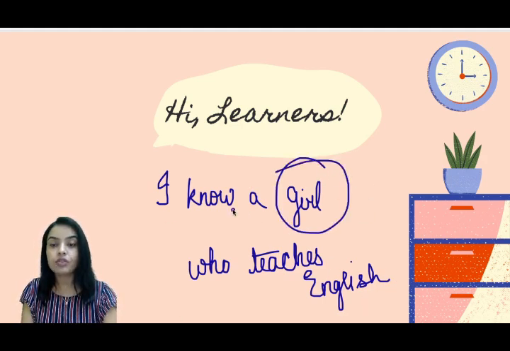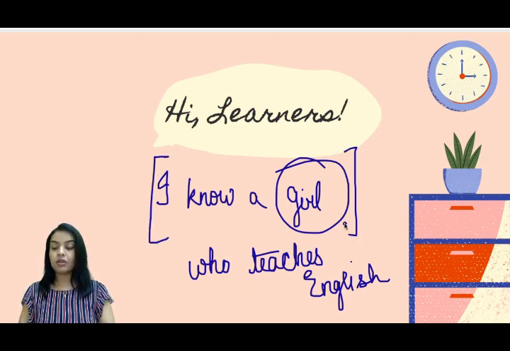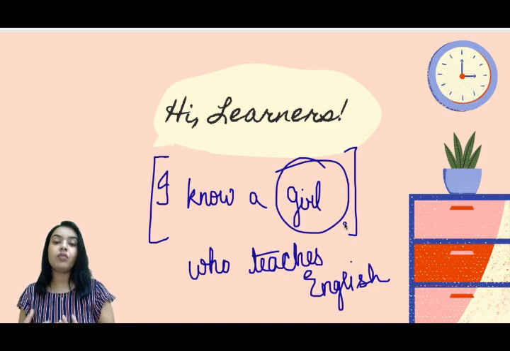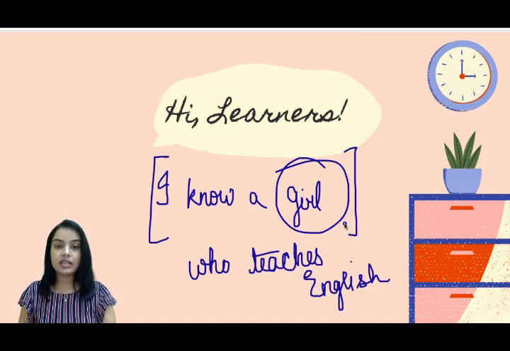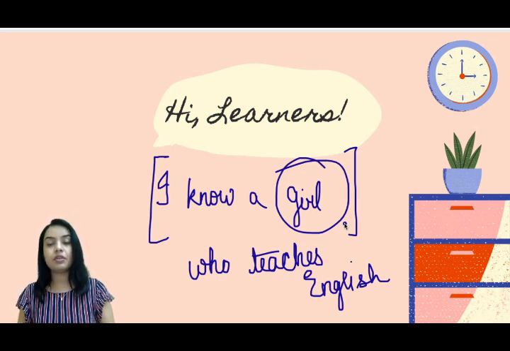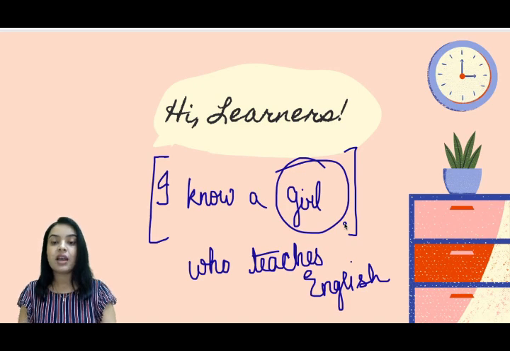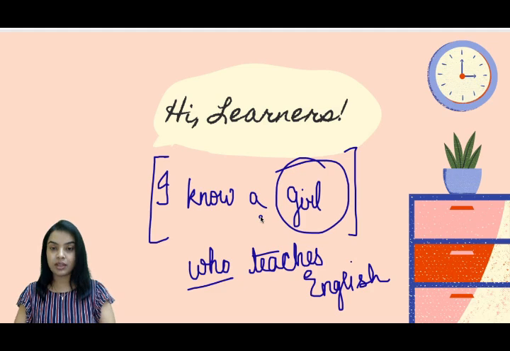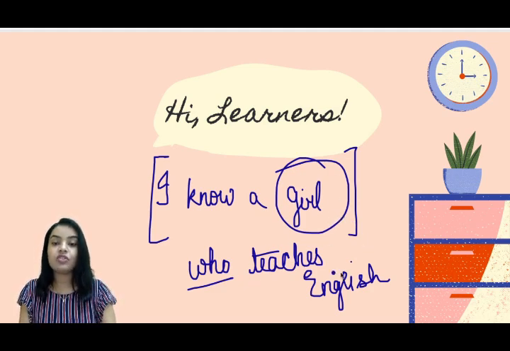Now, I want to talk more about this girl. The main thing which I want to say is that I know a girl. But now I want to say one other thing also, and this is that I know a girl and the very same girl teaches English. Instead of saying two different sentences, I use a relative pronoun and I add these two thoughts. I know a girl and the very same girl teaches English.